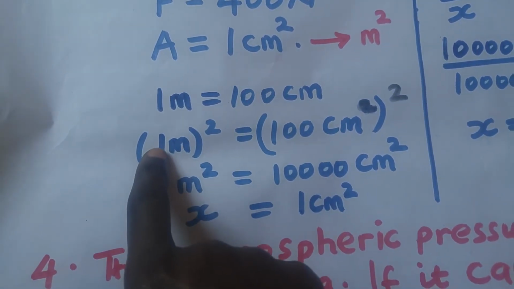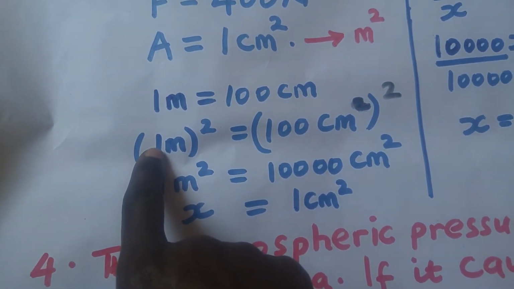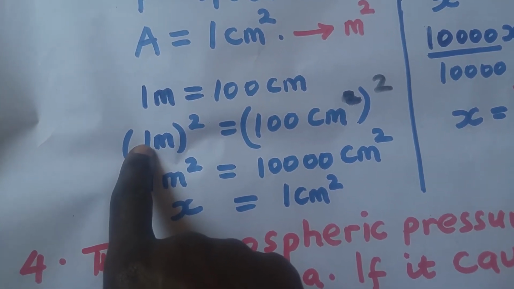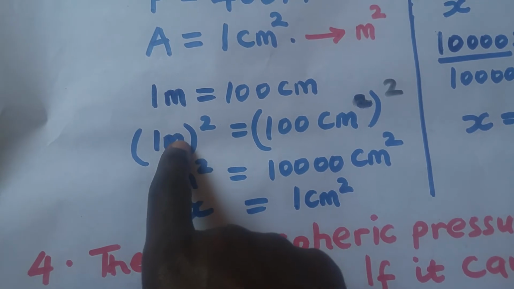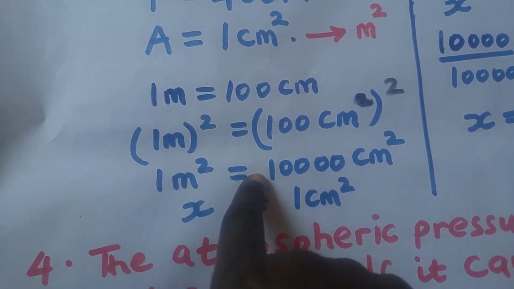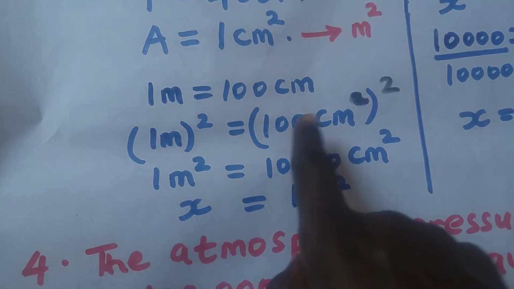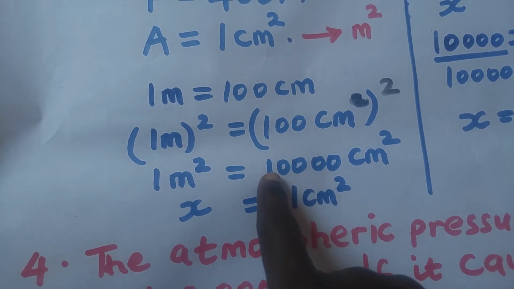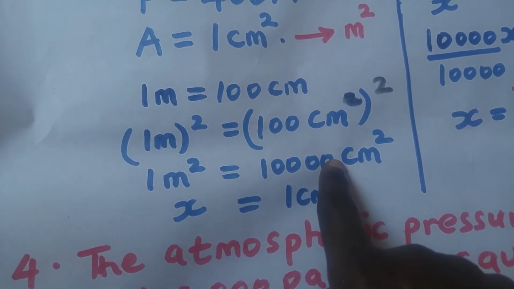So let's begin here. Squaring 1 means you multiply 1 by itself, 1 by 1, and you get 1. Then the meter times a meter, you get meter squared. Then you cross this side of the equal sign, you handle 100 alone. 100 times 100, the calculator will say 10,000.